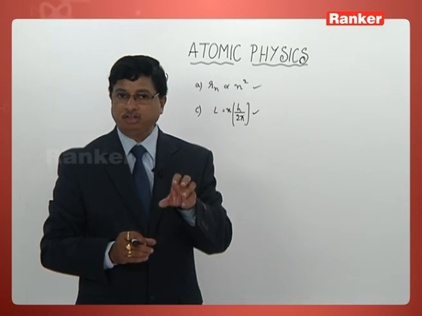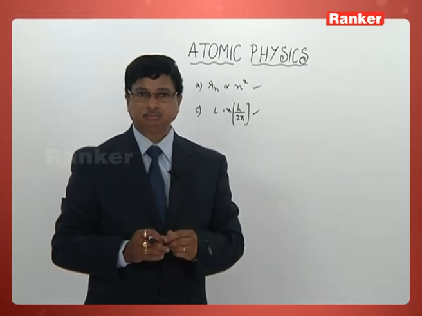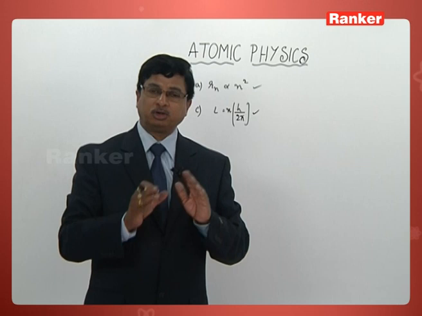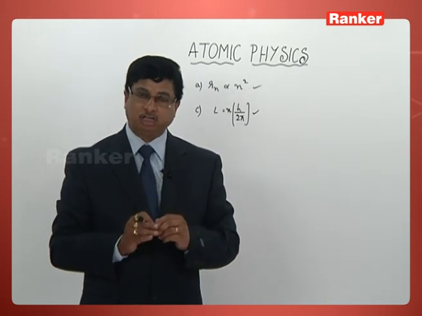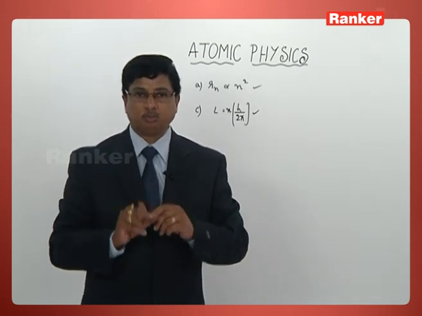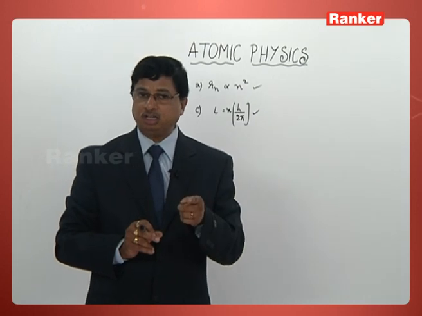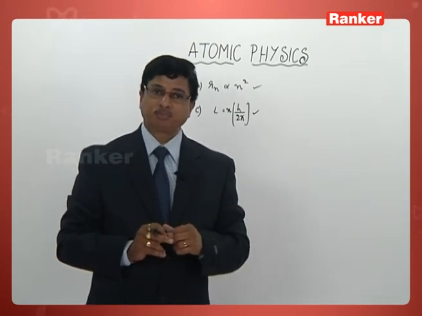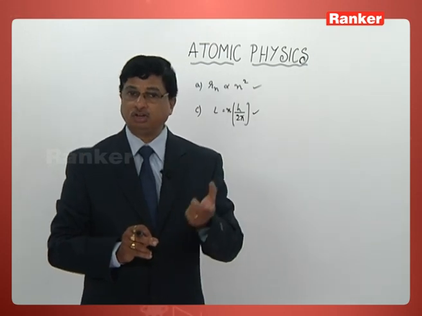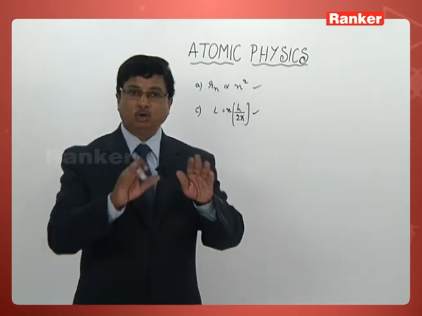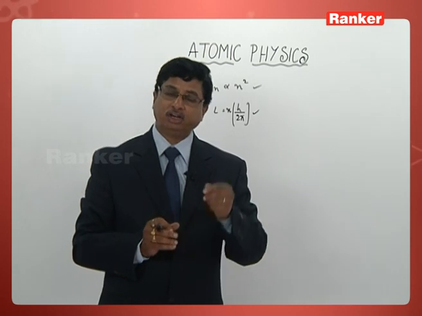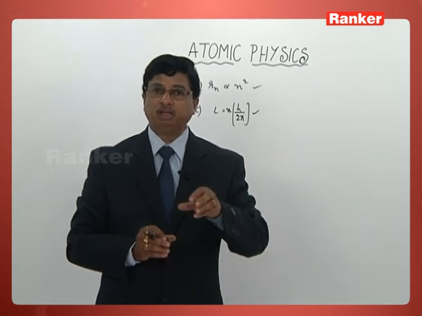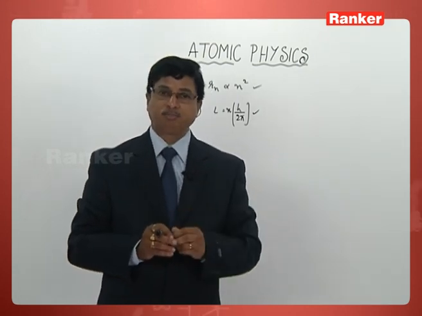So potential energy as a whole will be negative, and the ratio of kinetic energy to potential energy is 1:2. Since potential energy is dominating there, the total energy of the electron inside that orbit also will be negative by nature.